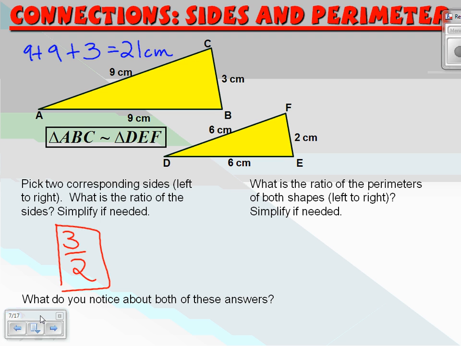The right-hand shape, that's 6 plus 6 plus 2. 6 plus 6 is 12, plus 2 is 14. So the perimeter of the right-hand shape is 14 centimeters.